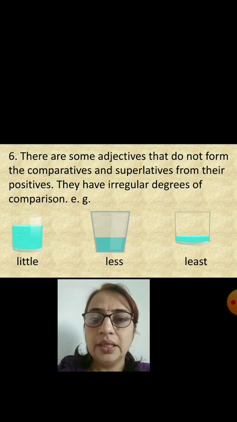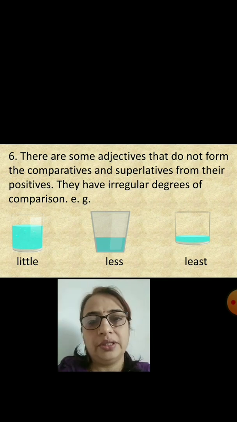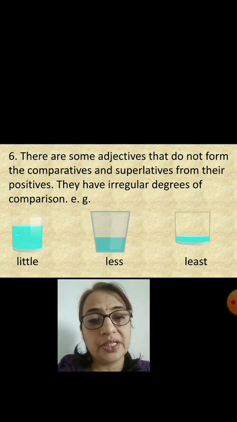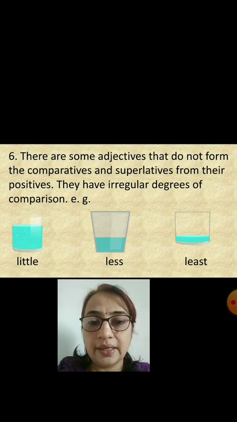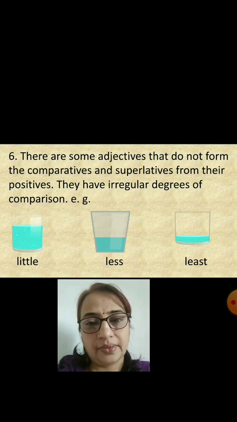For example, little. To describe the first picture, what should I say? There is a little water in the glass. But when I am comparing the second picture with the first picture, what will I say? Yes, there is less water in the glass, isn't it?